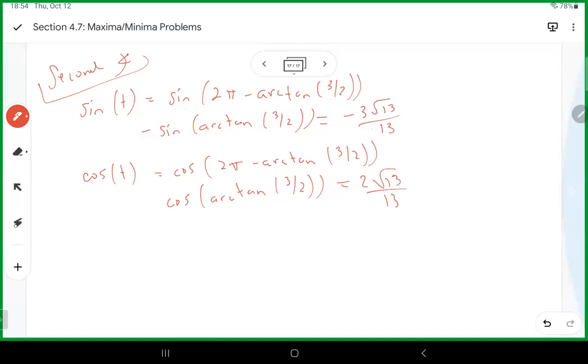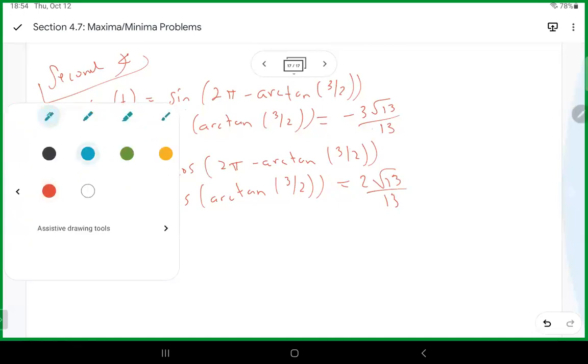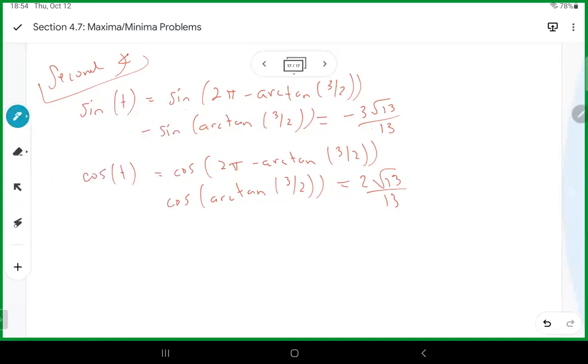So if we go back to our 4 cosine t and 4 sine t, I'm just going to do it on this page. We didn't have enough room on the other. So your x of t would end up being 8 square root of 13 over 13, and your y of t would end up being negative 12 square root of 13 over 13.